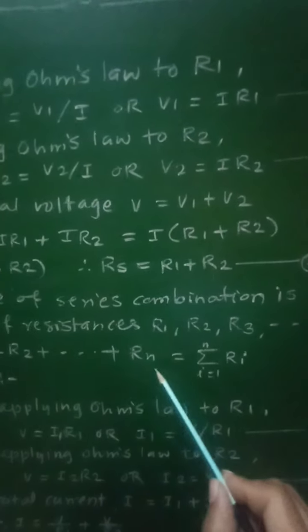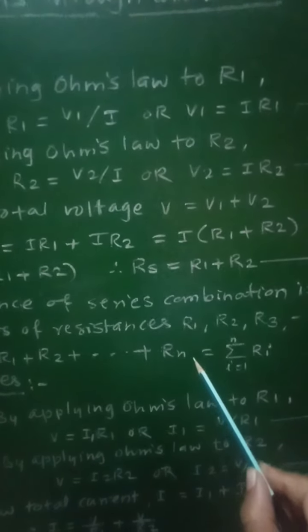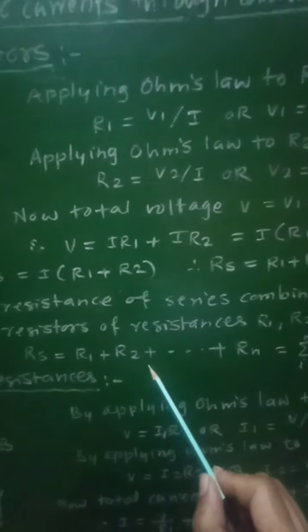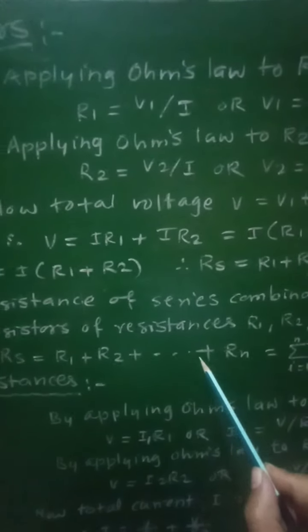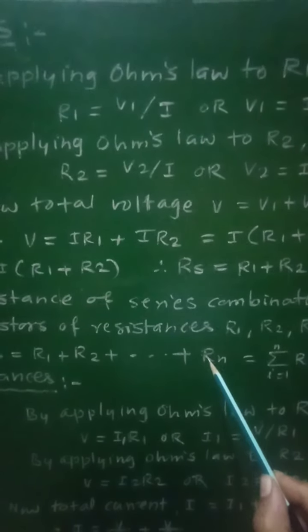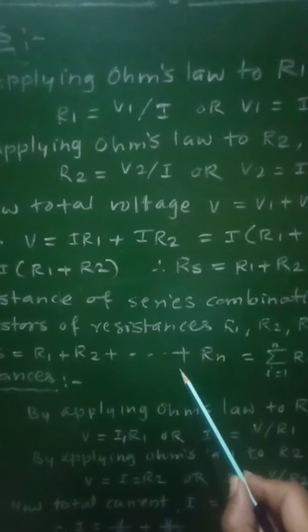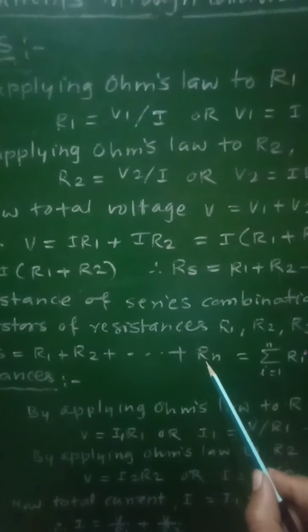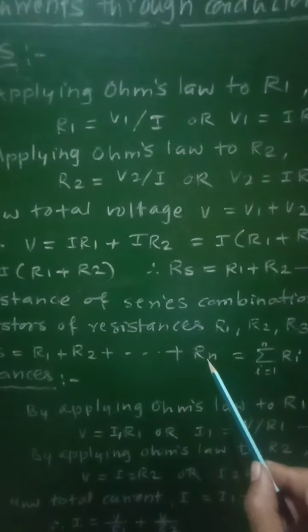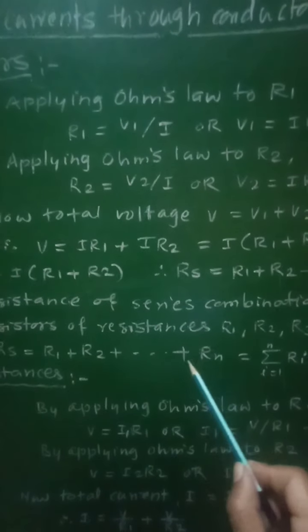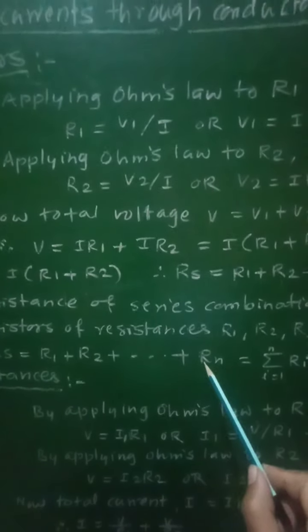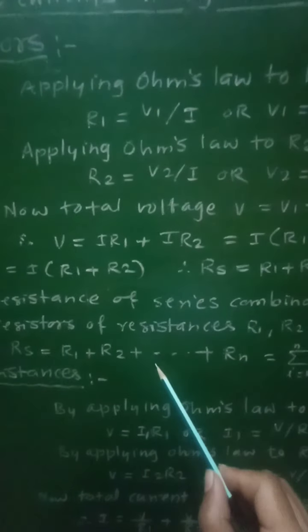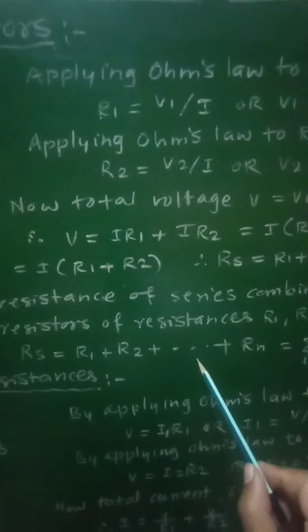So this equation gives the equivalent resistance of the series combination of n resistances, and therefore again we can say that if a large number of resistances are connected in series, then the equivalent resistance of that series combination is equal to the sum of all the resistances.